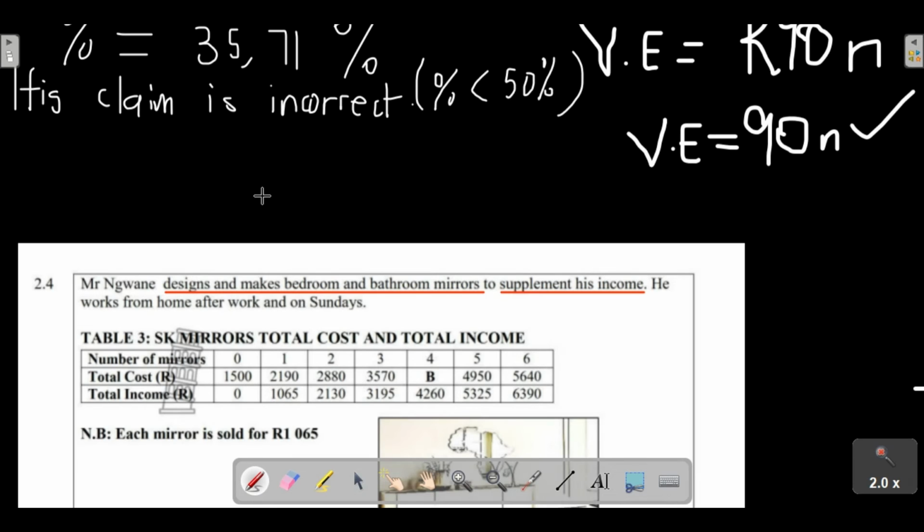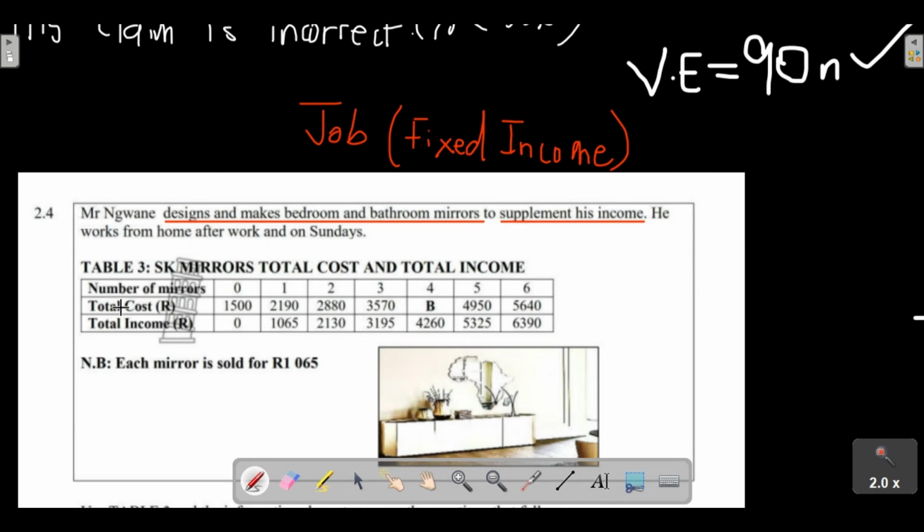That means he already has a job, so he has a fixed income. So this is a side gig. He works from home after work and on Sundays.